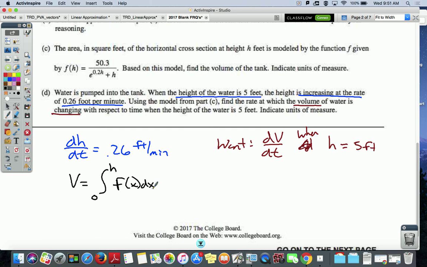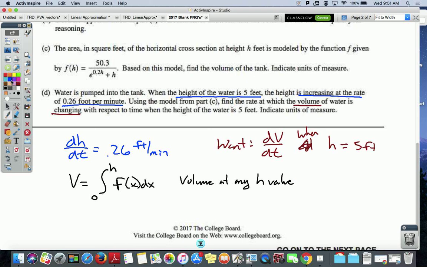There's a reason I'm doing this. This volume function is going to give me the volume at any h value, as opposed to what we did in part C, which was find the volume of the entire tank. This is finding the volume of the water at any h value. So that's why I have this h up here.